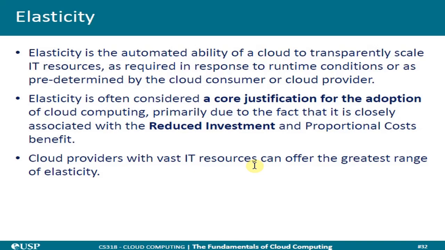Have them but not have them up for use, and have them up for use only when needed. But if you are a cloud provider and your IT resources aren't that vast, then you can always provide less, but you cannot provide more, right? When you have to expand it, you cannot do that.